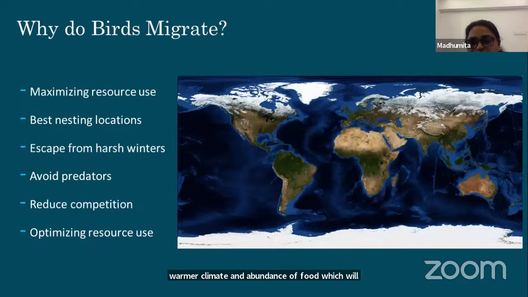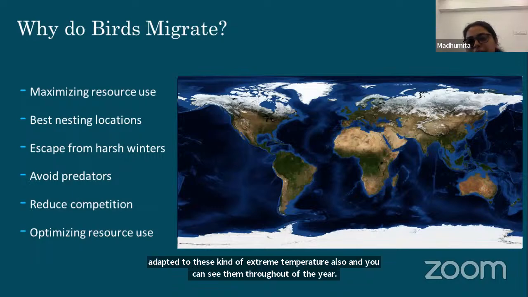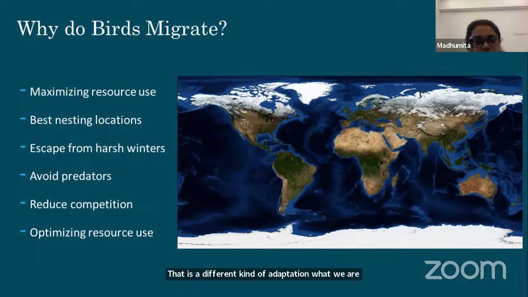This is the migration pattern we mostly talk about, which is very easy to relate to, a direct understanding that since there is ice over there, there are no food resources, so birds choose to migrate. But it's not like all the birds migrate. There are some birds adapted to these kinds of extreme temperatures, and you can see them throughout the year. That is a different kind of adaptation. What we are talking about is the adaptation by birds for extreme migration.